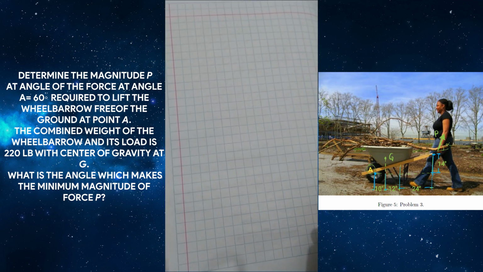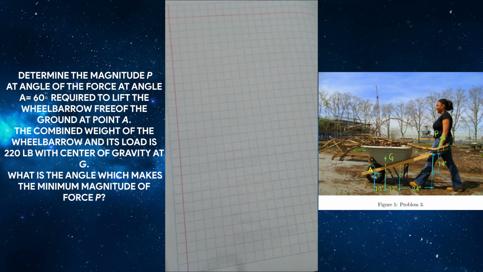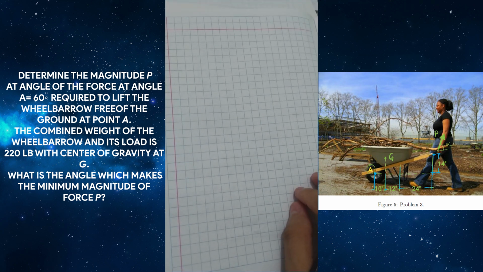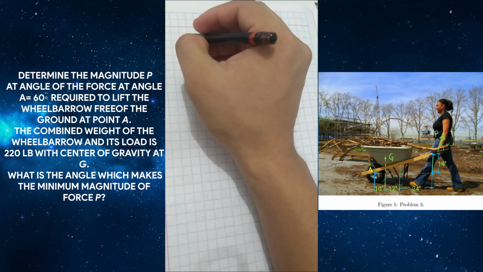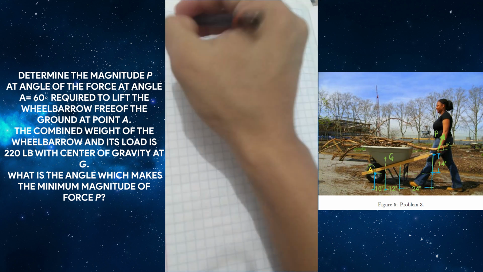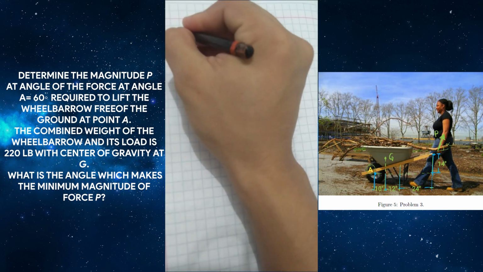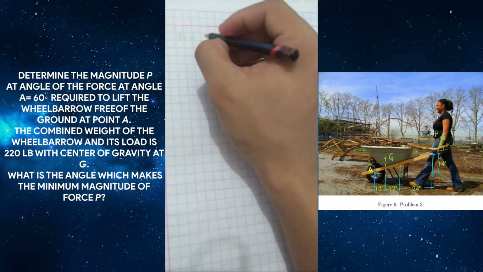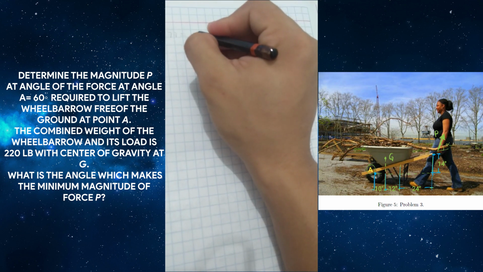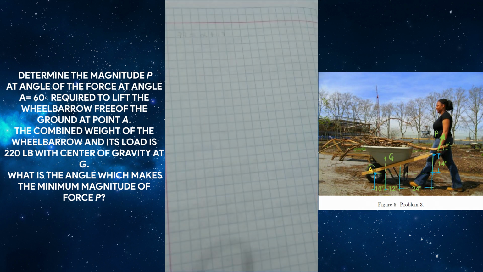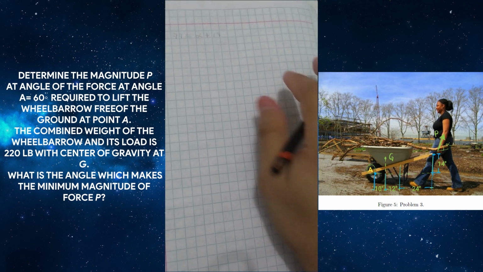To find the angle that makes the minimum magnitude for the force P, I'm going to use the last expression. We need to remember that the angle 77 was found as the angle alpha plus 17 degrees.